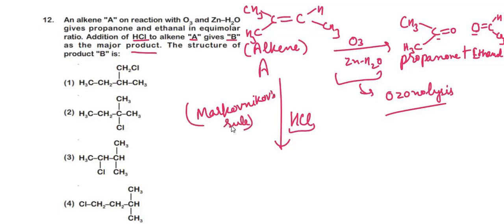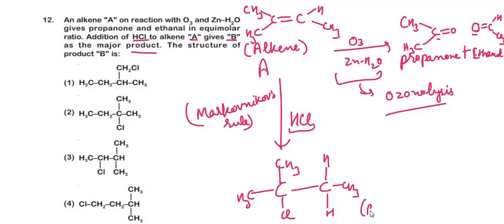According to Markovnikov's rule, the negative part goes on that carbon of the double bond which has fewer hydrogens. So when we remove this double bond, the carbon which has two CH3 groups has fewer hydrogens, even no hydrogen. The negative part comes on this carbon and the hydrogen goes on the other carbon. So the product B is this one, the major product.